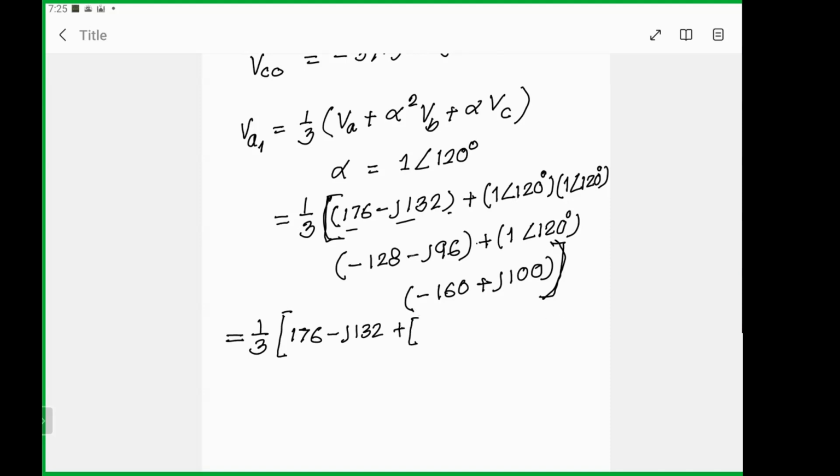In this term, I have to multiply these three quantities. So I will convert this one first. This multiplication will give you 1 at an angle of 240. And then this one will be multiplied with this one. As I need to do the multiplication, I can convert this one.